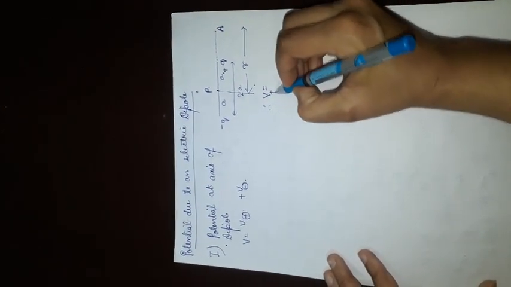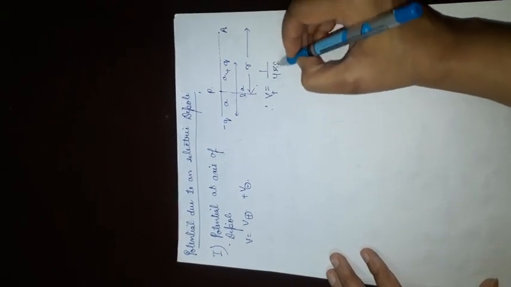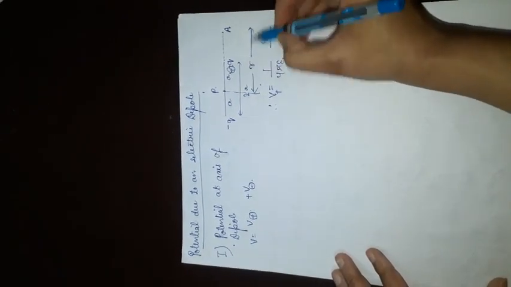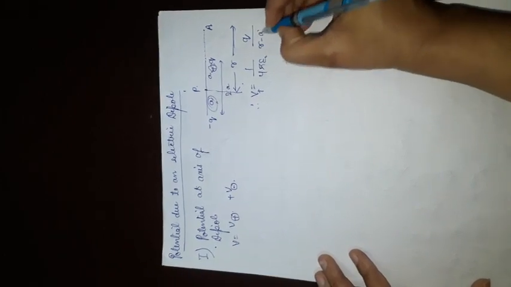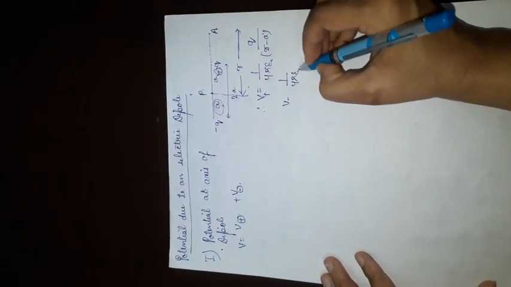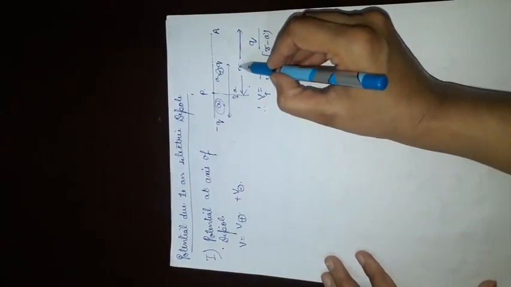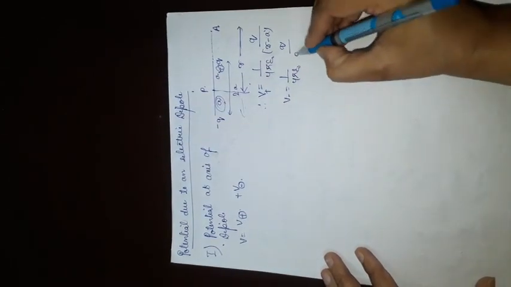As for V positive, 1 over 4 pi epsilon naught Q upon. For positive charge, total distance is R, or here is A. So distance will become R minus A, and for negative, 1 over 4 pi epsilon naught Q over, for negative, R plus A, it will add.